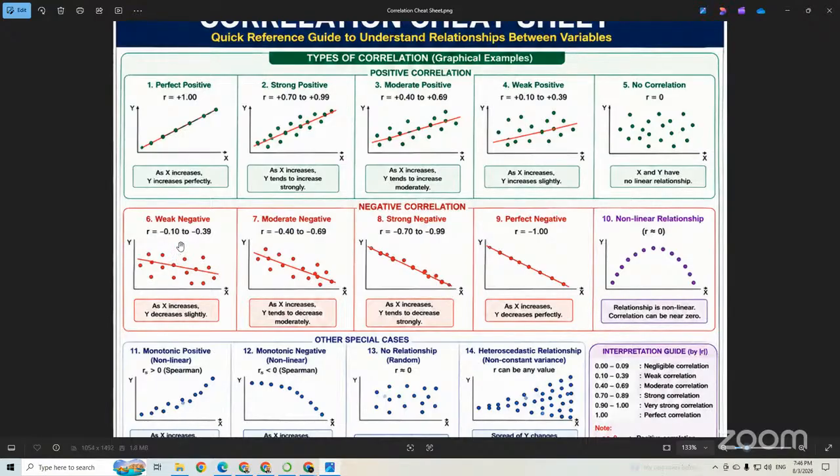When the value lies between minus 0.1 and minus 0.39, we have weak negative correlation, and if the value lies between minus 0.4 and minus 0.69, this is moderate negative correlation. Here is the strong negative when the value lies between minus 0.7 and minus 0.9, and perfect negative when r is equal to minus 1.